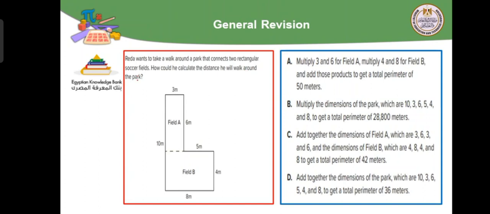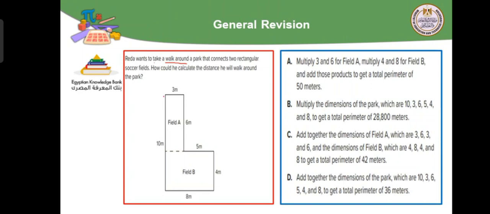We have here two rectangles, but he asked about walking around, and we have two rectangles, so we need to find the perimeter. The perimeter of any shape equals the distance around the shape. So we can make what? Yeah, 3 by 6 by 5 by 4 by 8 by 10.